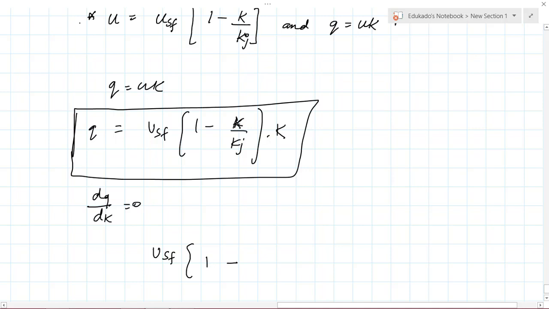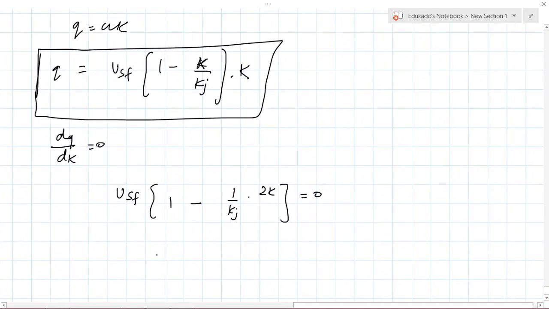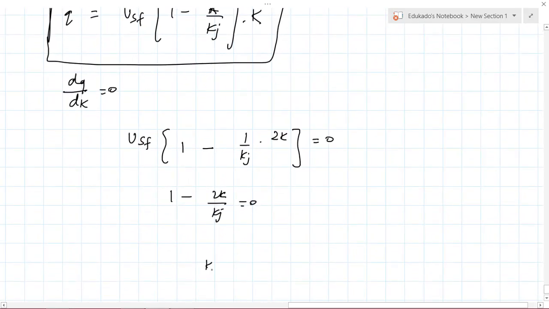Kj is a constant, so it will be 1 upon Kj, and K square differentiation will be 2K, then everything equals 0. So from here you will get 1 minus 2K over Kj equals 0, and then K equals Kj by 2.